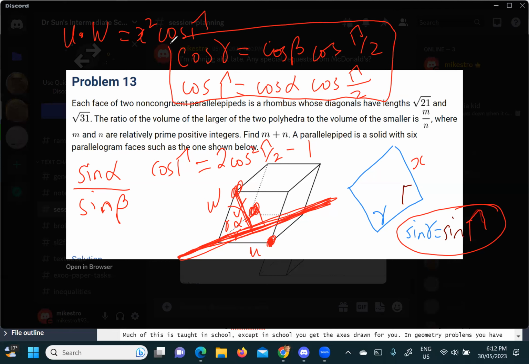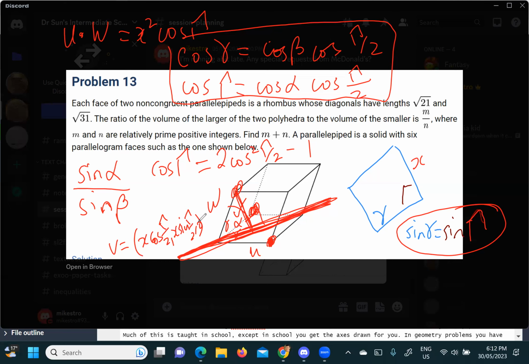For example, if you do it Alex's symmetric way, you put u and v on the xy plane and make the angle bisector the x-axis. Then v will be x cos gamma on 2, x sine gamma on 2, 0.